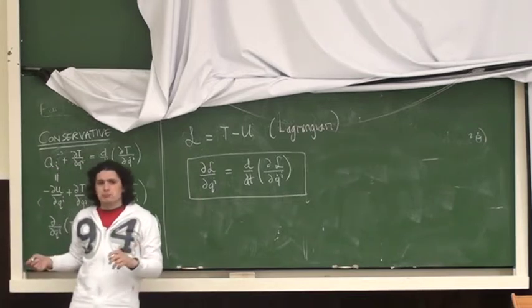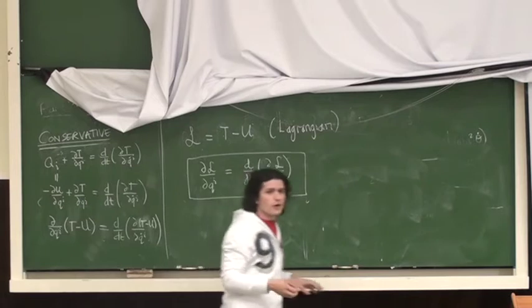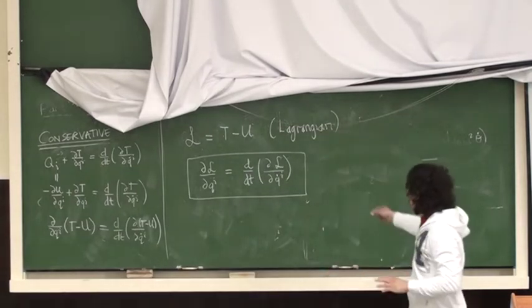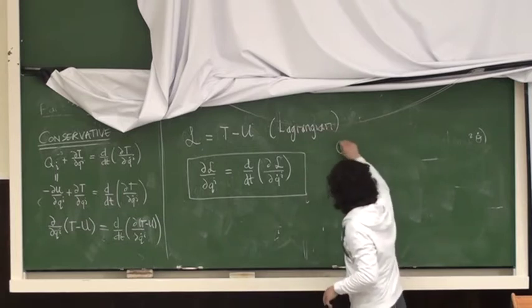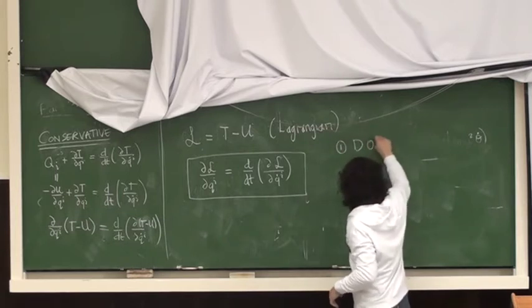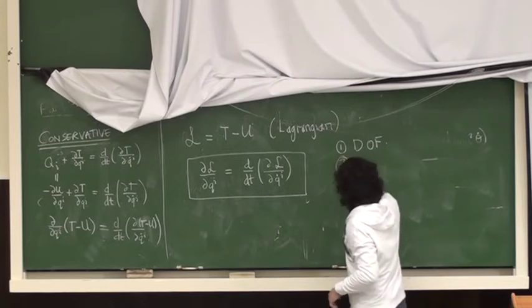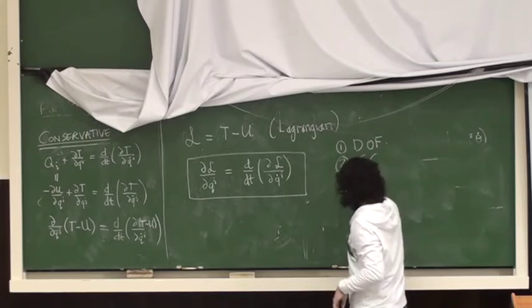So now the algorithm for computing things in terms of Lagrangian mechanics, when all forces are conservative, looks like this. 1. Get the number of positions needed. 2. Write down the generalized coordinates. 3.